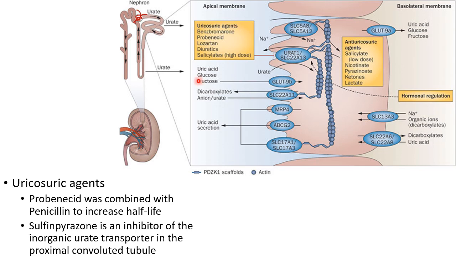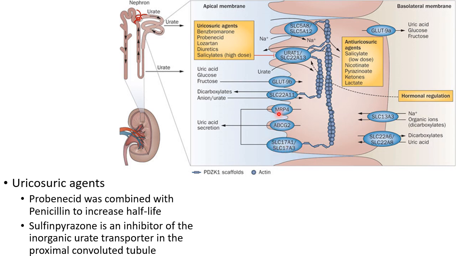So you have here an image showing to you the kidney, the nephron, and in particular, the proximal convoluted tubule. You have here the apical membrane or the urine side and the basolateral membrane or the blood side. So you have here different transporters that catalyze the transport of uric acid.